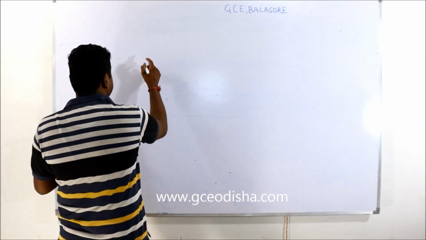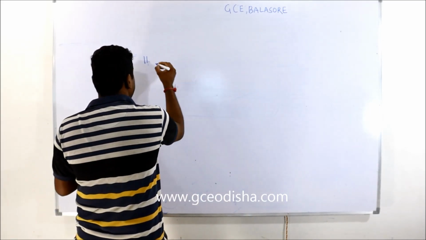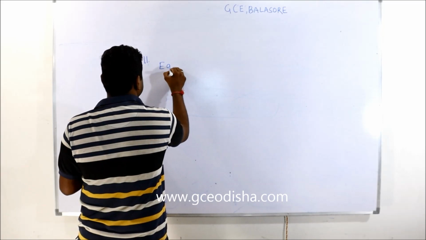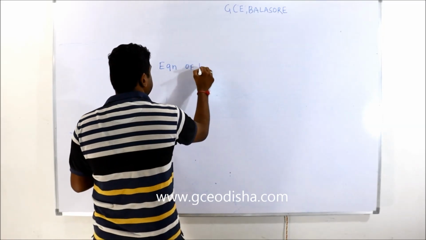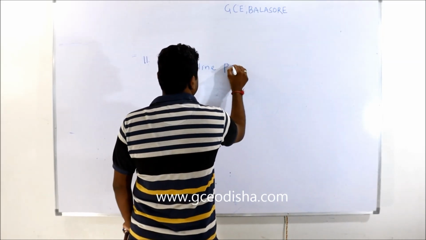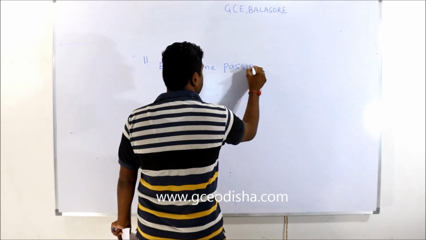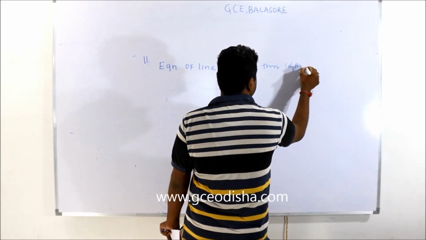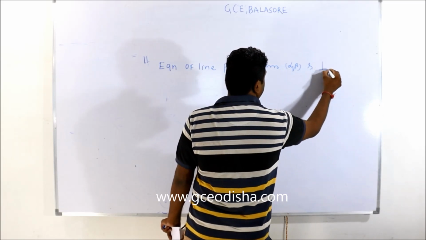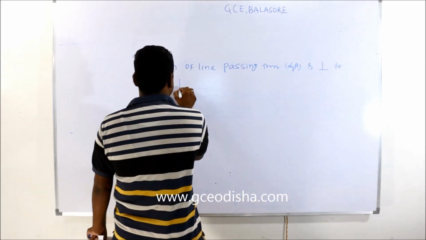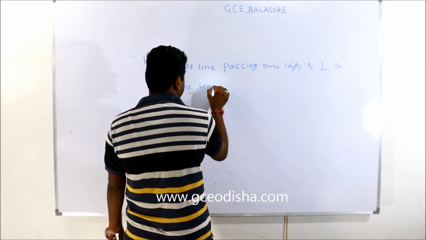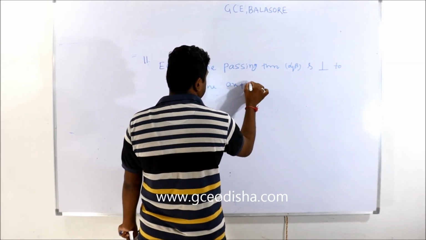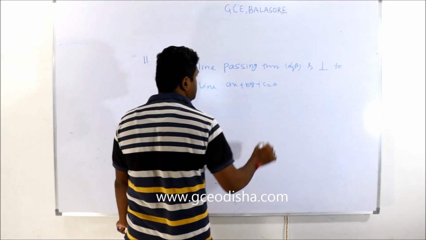Another trick is there, same as the equation of the line passing through alpha beta and perpendicular to the line Ax plus By plus C is equal to 0.